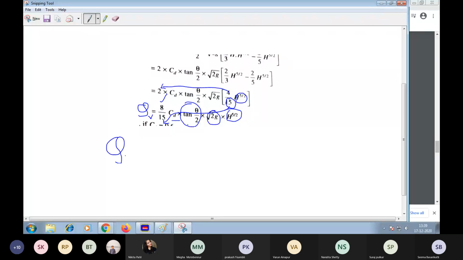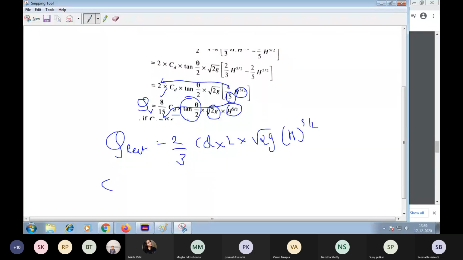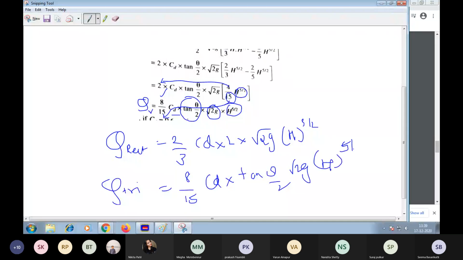So what was the discharge equation for a rectangular notch? 2/3 of CD into L into square root of 2g into h raised to how much? 3 divided by 2. Whereas the discharge equation for a triangular notch is 8 by 15 into CD into tan theta divided by 2 into square root of 2g into h raised to 5 divided by 2.